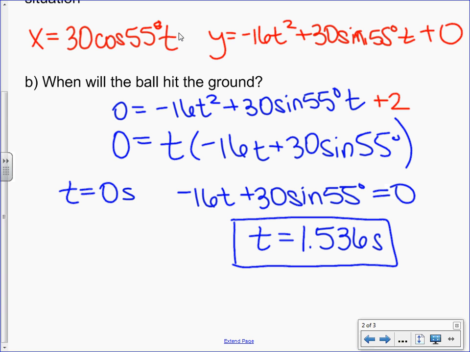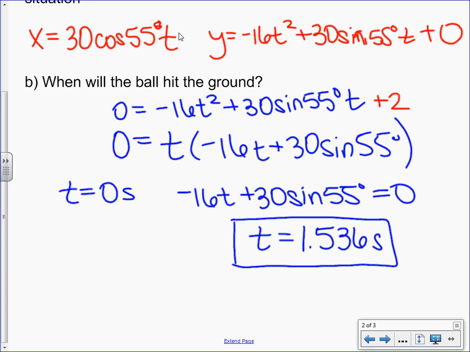I would not subtract the 2, okay, because this only works if this is set equal to 0. So that's not where I would start. What kind of an equation is this? You can't take 2t out because there's no t here. Okay, this is a quadratic, right?